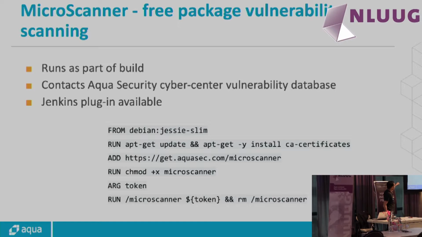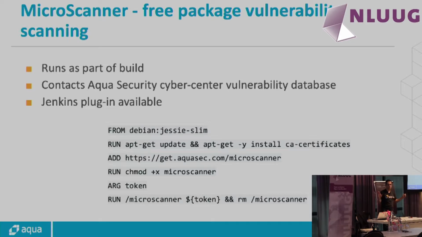It will update the image and install the certificates because it needs HTTPS access. And then it will download a binary from aquasec.com/microscanner. It's a full binary. It will chmod it to make it executable, and then it will simply run microscanner with a token.